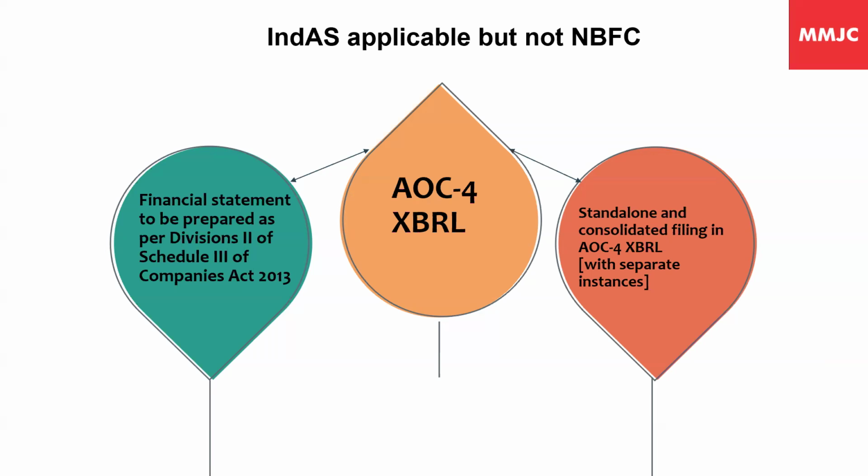The difference is in the format of financial statements and the taxonomy of XBRL. The companies to whom Ind AS is applicable, but they are not NBFCs, are required to prepare financial statements as per Division 2 of Schedule 3 of the Companies Act 2013, and the XBRL taxonomy to be used by such companies is called Ind AS taxonomy.